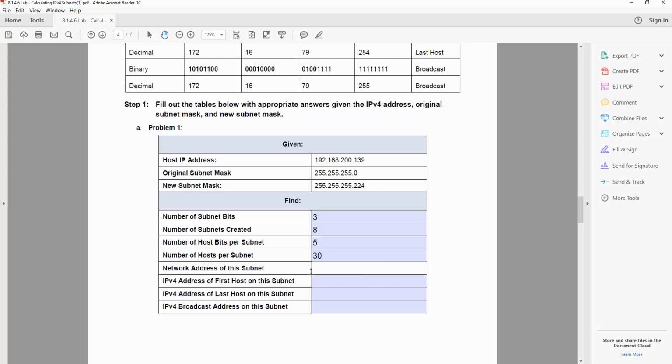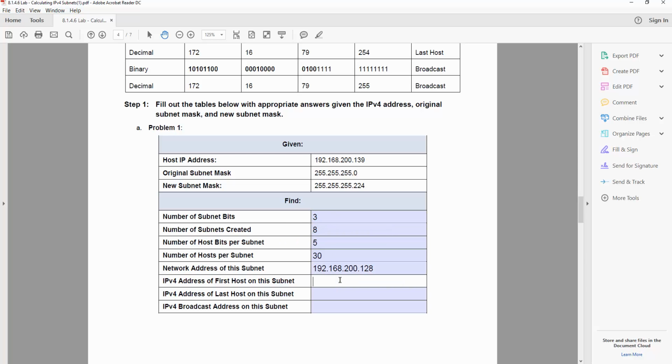Network address of this subnet, the one that we're looking at, 192.168.200. We didn't borrow anything from the first 3 because our new subnet mask is the same, but we borrowed 3 bits from the last octet, so our network address of this subnet is 192.168.200.128.